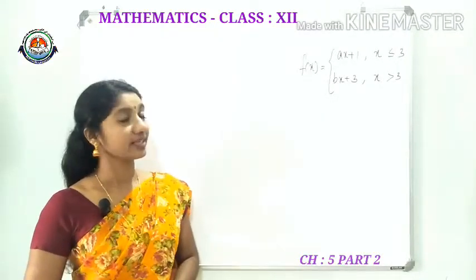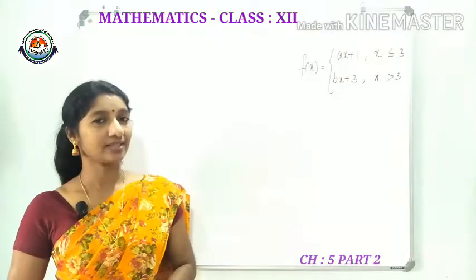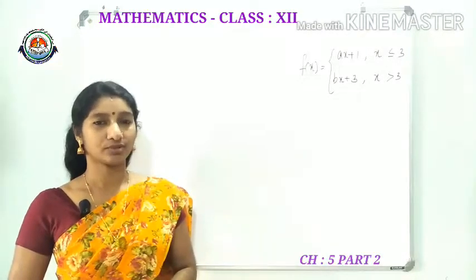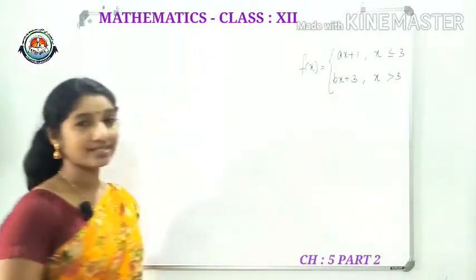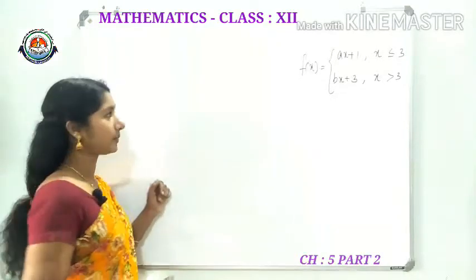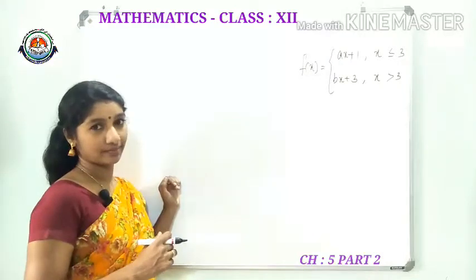We need to find a relationship between a and b, and it is given that it is continuous at x equal to 3. That means the left limit and the right limit at x equal to 3 are the same.